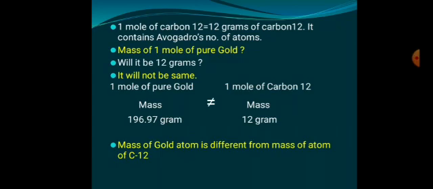The mass of 1 mole of pure gold is equal to 196.97 grams and the mass of 1 mole of carbon is 12 grams. So the mass of a gold atom is different from the mass of an atom of carbon 12. A gold atom is different from an atom of carbon because their mass is different.